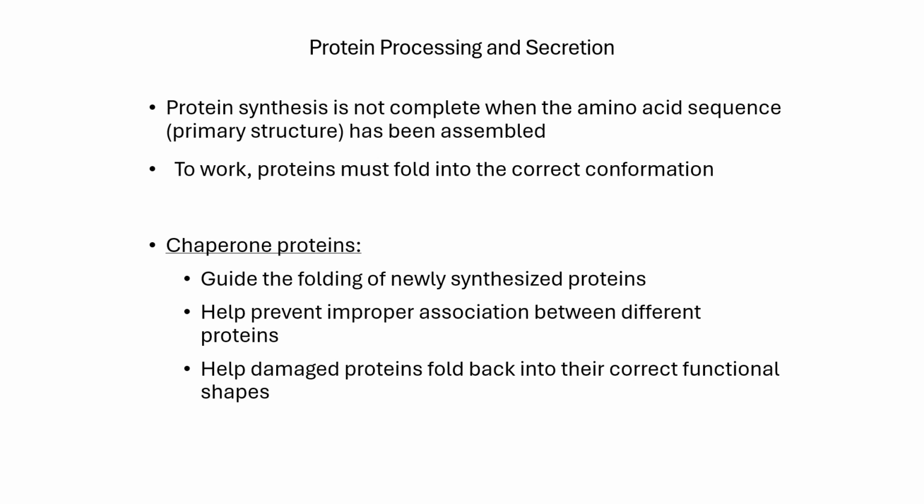For this, there is another type of protein called the chaperone protein, and the chaperone protein will guide the folding process. For proteins to function, they must have a proper shape. If a protein is incorrectly folded, it is damaged and becomes non-functional. The chaperone protein also helps damaged proteins to be folded back into their correct functional shapes.